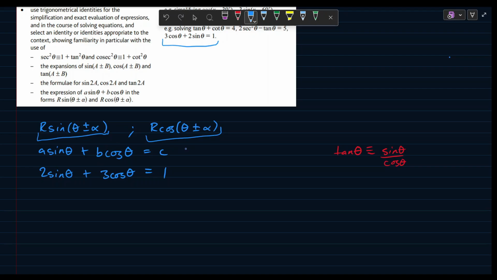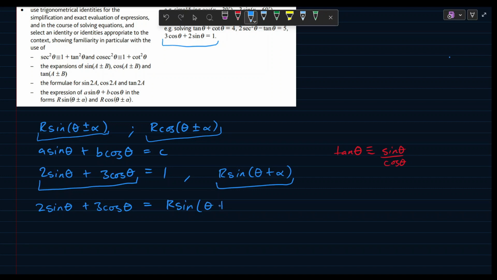Say for example, you've been told to express this equation in the form r sine(theta plus alpha). So we're saying 2 sine theta plus 3 cos theta should be equal to r sine(theta plus alpha).